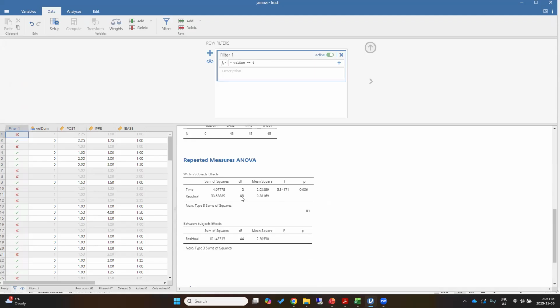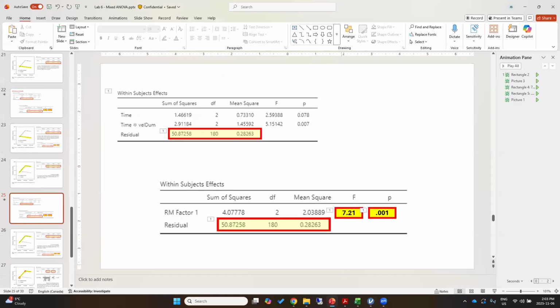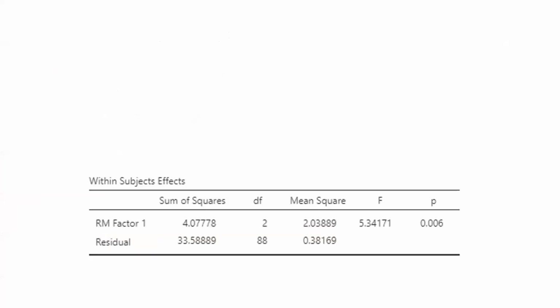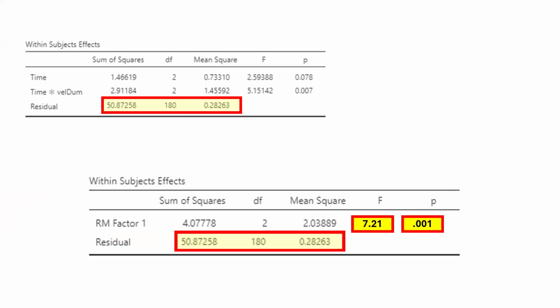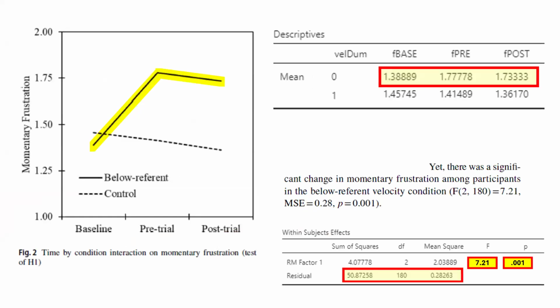But recall, it's only giving me 88 degrees of freedom. My mean squared error is not what I want it to be. So I go here and I replace that with the mean squared error and degrees of freedom from my omnibus test, recompute the F, and that is the value that's reported in the manuscript.